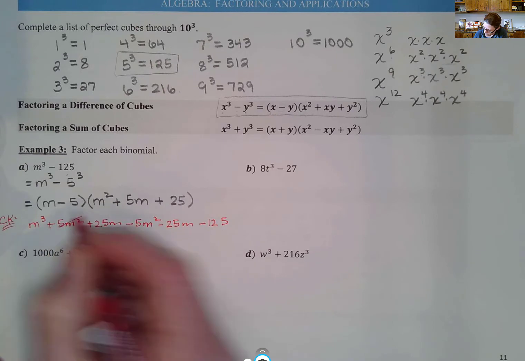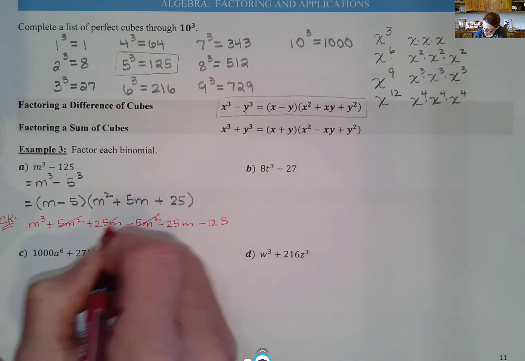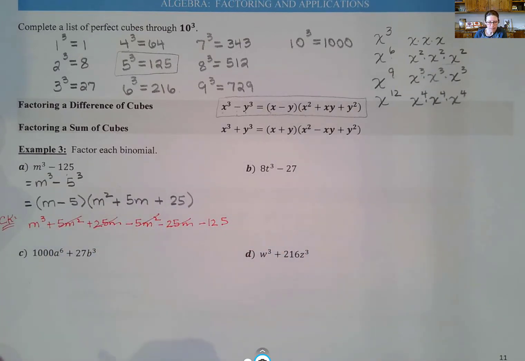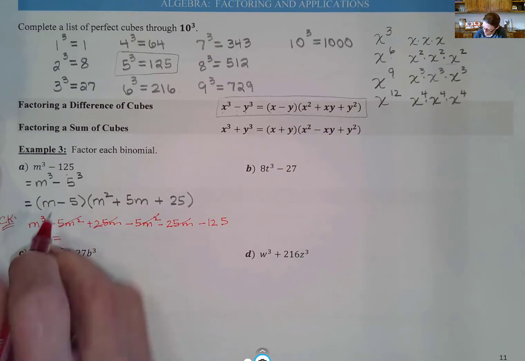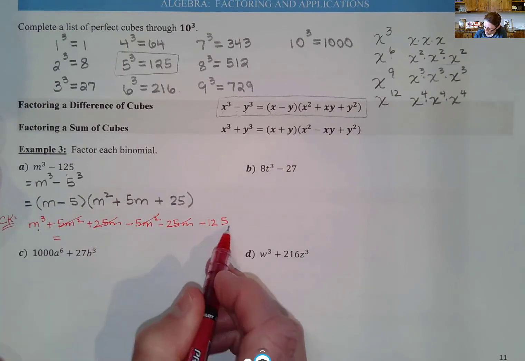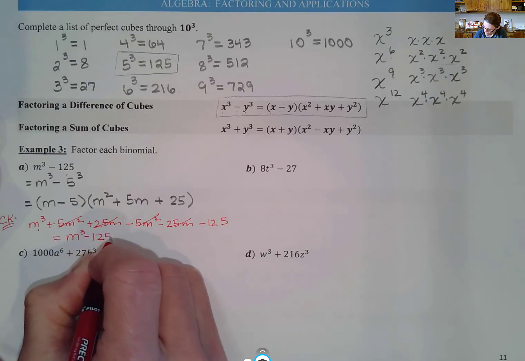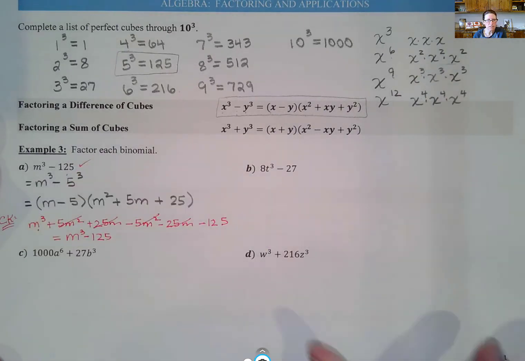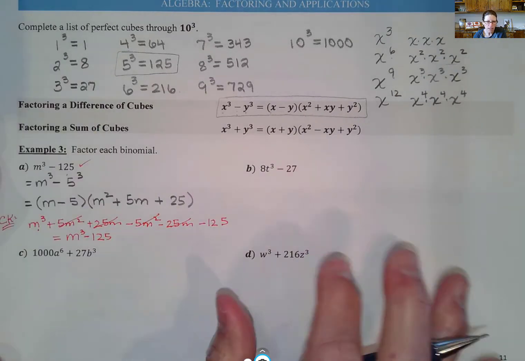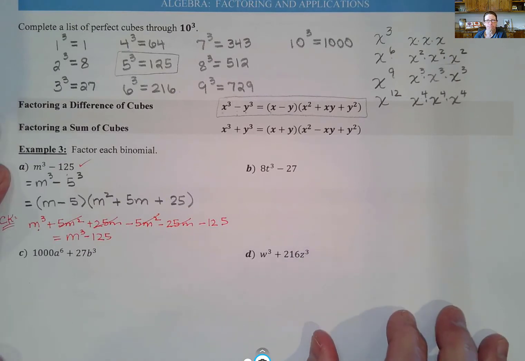And notice that we've got some terms in here that are opposites, and we do obtain m to the third minus 125, which is exactly what we started with, and we know we've done our factorization correctly. You can always check by multiplying back.